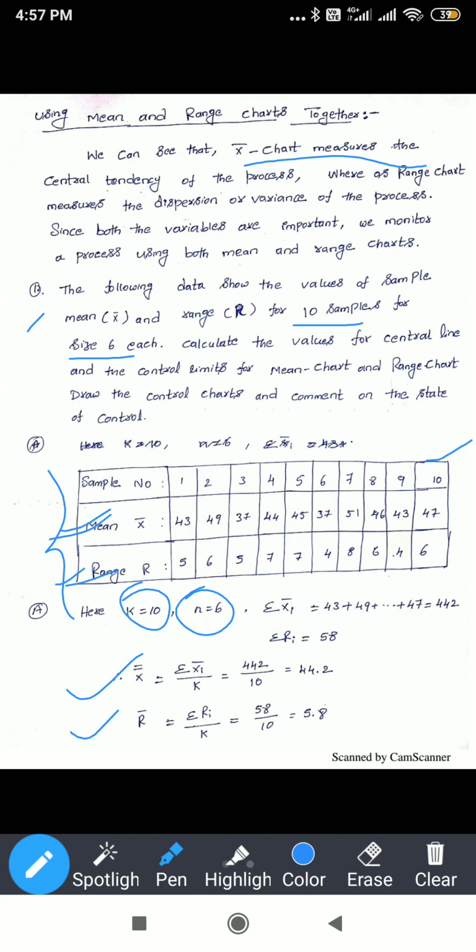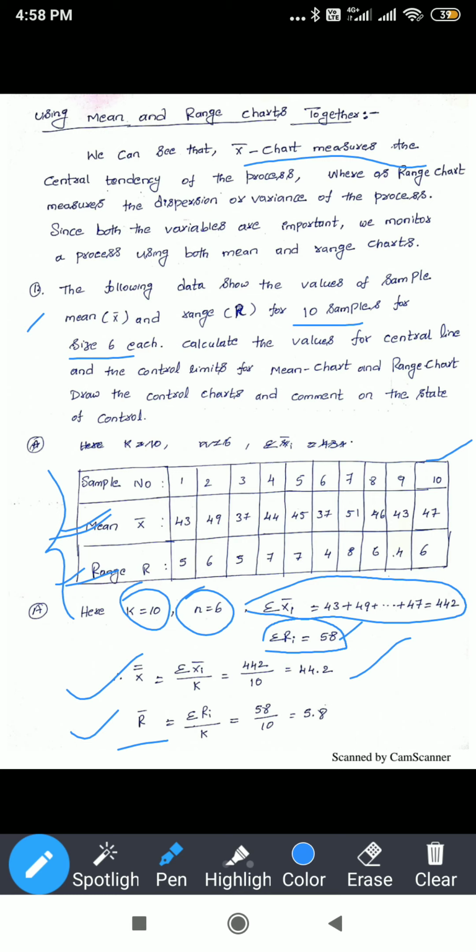The total of the means is 442 and the total of the ranges is 58. So the mean of the sample means is the sum of X i bar by total samples, that is 442 by 10, equal to 44.2. R bar is the sum of R i by total samples, that is 58 by 10, equal to 5.8.